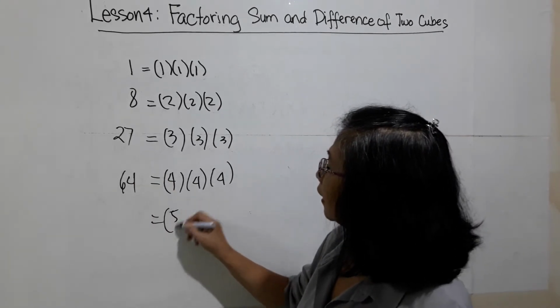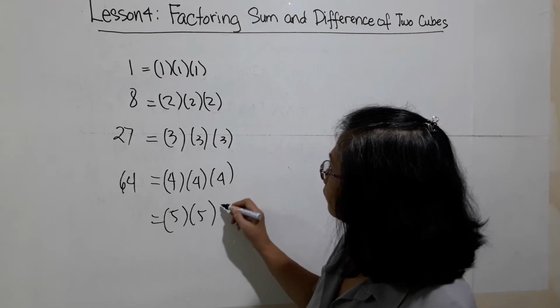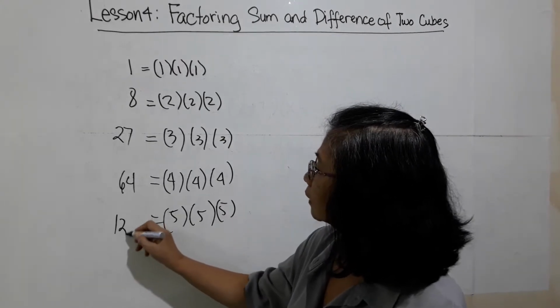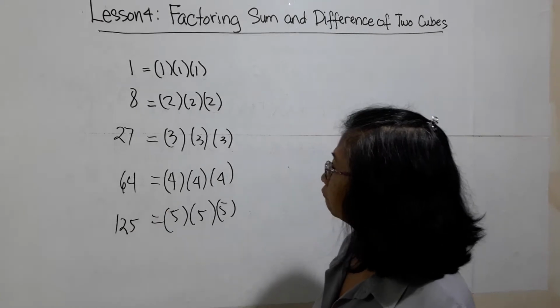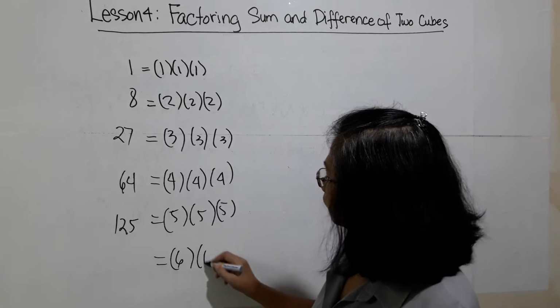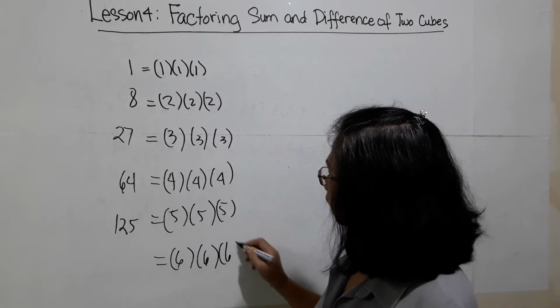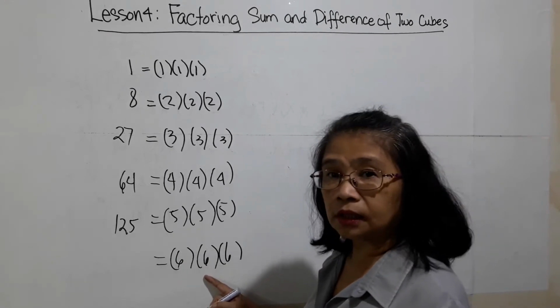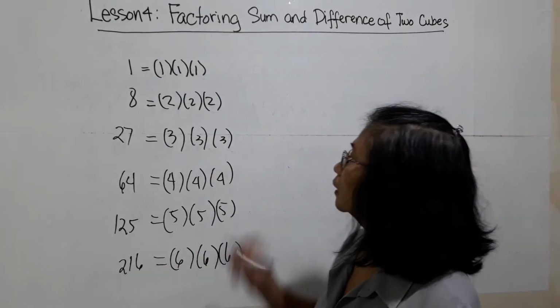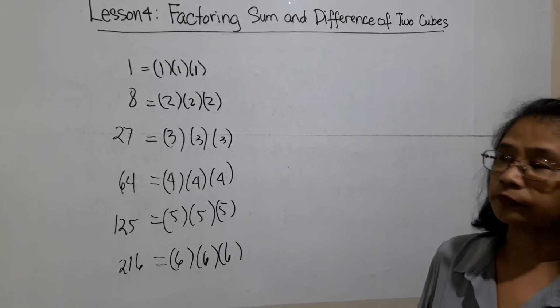If I have 5, another 5 multiplied, I have 125. If I have 6 times 6 times 6, 6 times 6 is 36, times 6, we have 216, and so on and so forth.